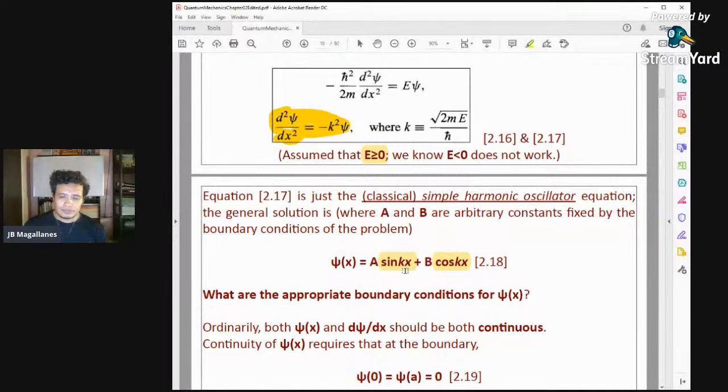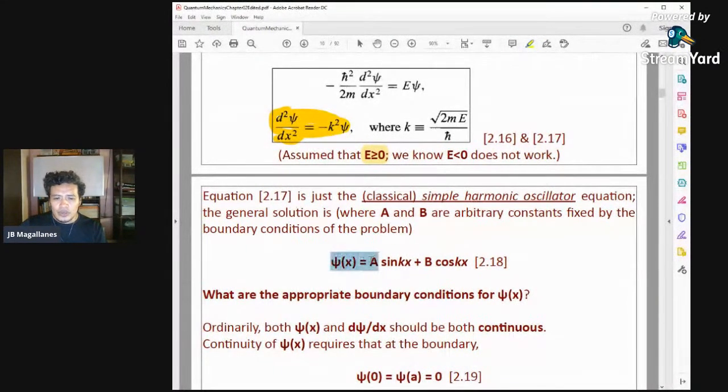So these are the two candidates. But there's also another candidate where you can get the same function: the exponential of ikx, and also the exponential of negative ikx.